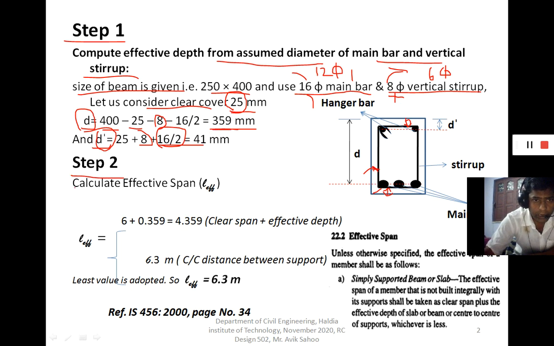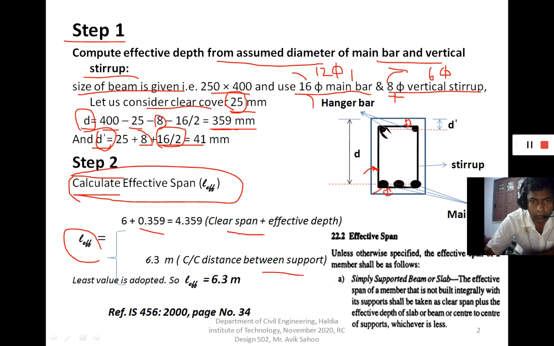In step 2, when you get the effective depth, then you calculate the effective span, because this span is very important to compute bending moment and shear forces. So how we get the effective span? Using the codal provision that we already explained in previous lecture. So for simply supported beam, the effective span is center to center distance between the supports, or clear span plus effective depth, whichever is less.